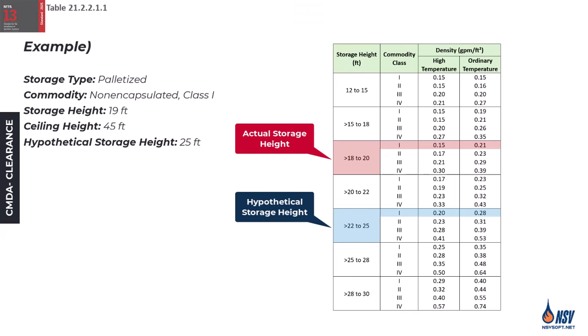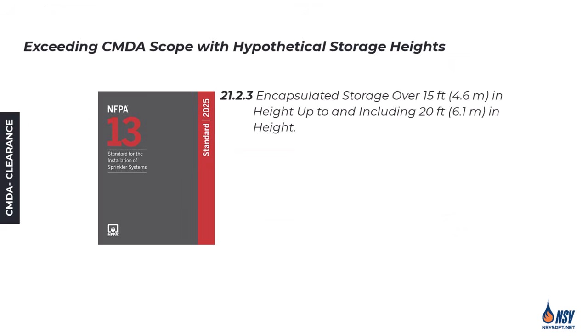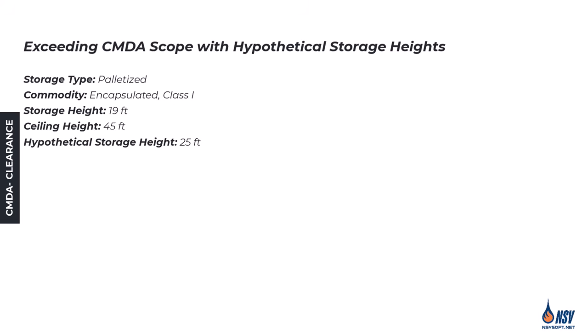It is important to note that in certain situations, increasing the hypothetical storage height to maintain the maximum allowable clearance prevents the use of CMDA sprinklers entirely. For example, we know the maximum storage height for encapsulated Class 1 through 4 commodities is 20 feet. If the commodities in our previous example were encapsulated, the 25-foot hypothetical storage height would fall outside the scope of the standard.